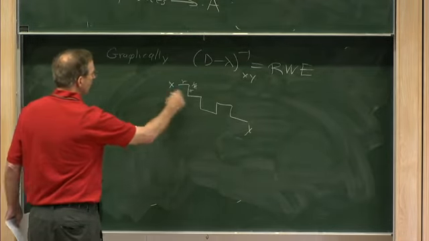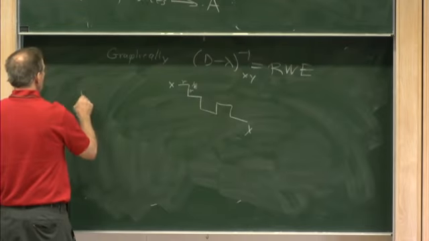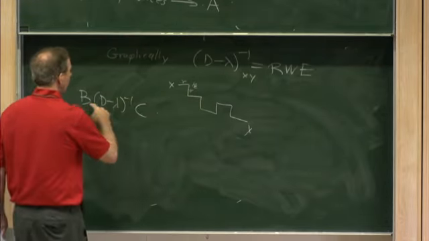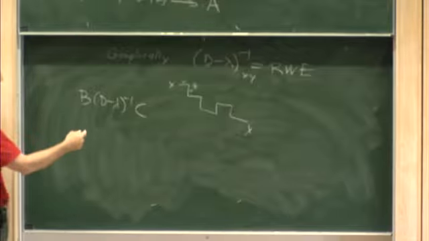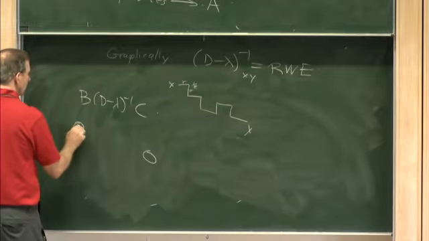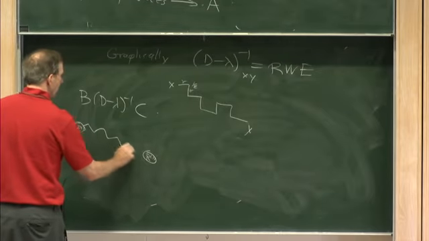So this would be the D inverse. If you look at the actual B (D minus lambda) inverse C, this would be the actual part of the effective Hamiltonian, if you will, connecting two resonant regions. Then you've got a bunch of walks going from here to there.